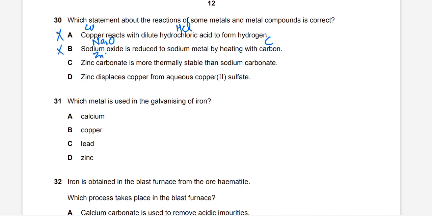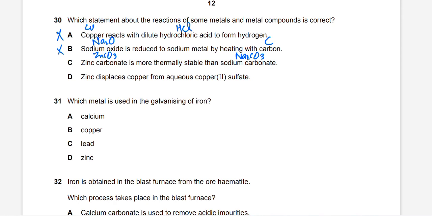Zinc carbonate ZnCO3 is more thermostable than sodium carbonate. It's comparing, they are not reacting. This is not about the reaction of a metal with a metal compound. It's just comparing that zinc carbonate is more stable than sodium carbonate Na2CO3. There is no reaction of a metal with a metal compound.